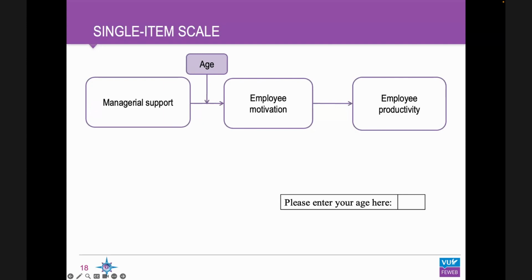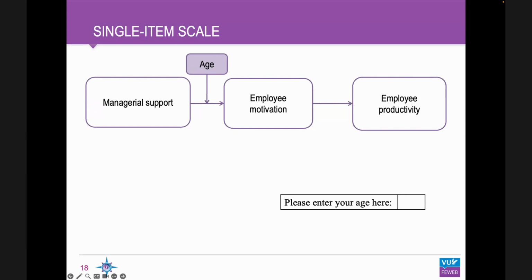So we said that in the case of age, the concept is simple, so you can directly ask this. In some other cases, though, the concept you're after is not that simple. You do not or cannot observe the concept directly because it's complex or abstract. If we think about managerial support, it's more vague and abstract than age.